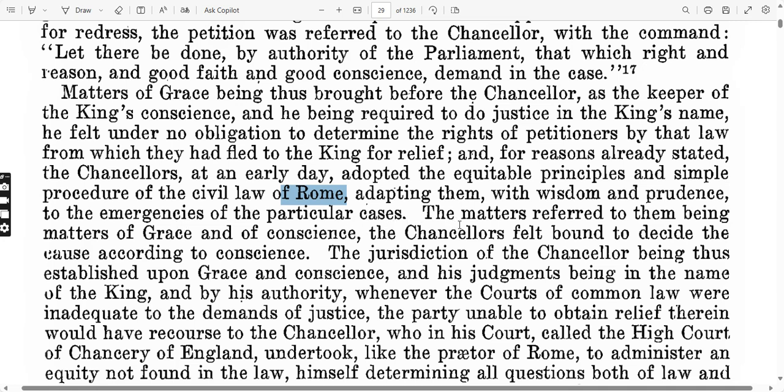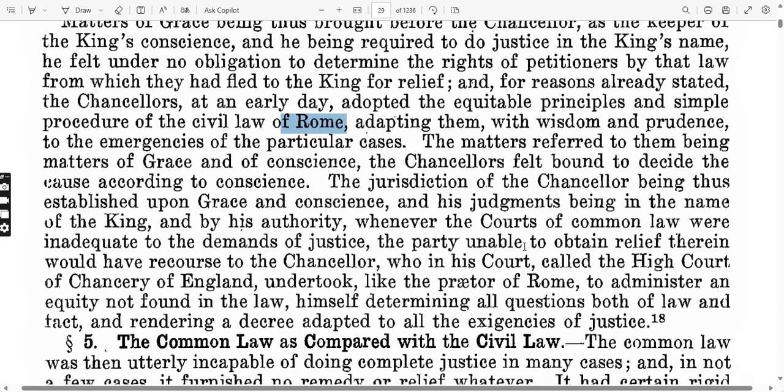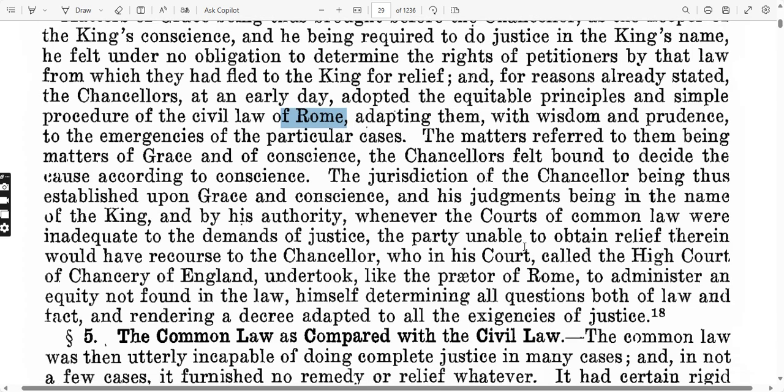The matters referred to, them being matters of grace and of conscience, the chancellors felt bound to decide the cause according to conscience.